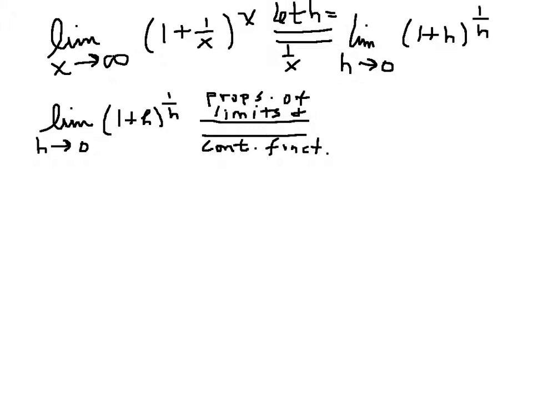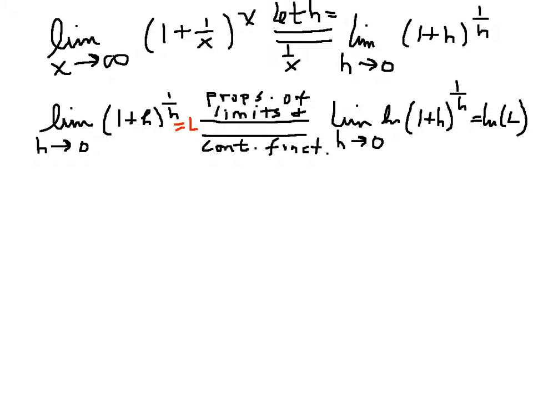But what I can do is take this limit and essentially take the ln of both sides. I need to say that let's assume that this limit is equal to some number L. And what we do now is we take the ln of both sides. And the big property is I can take the ln and bring it all the way in. And so this just becomes the limit as h goes to 0 of the ln of 1 plus h to the 1 over h, and that equals the ln of L.